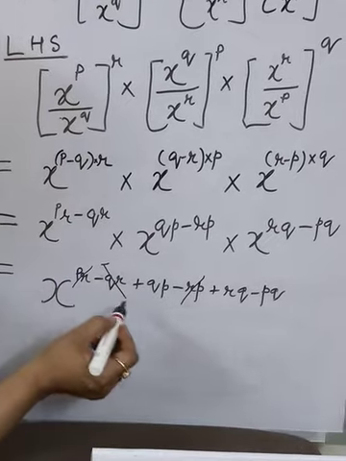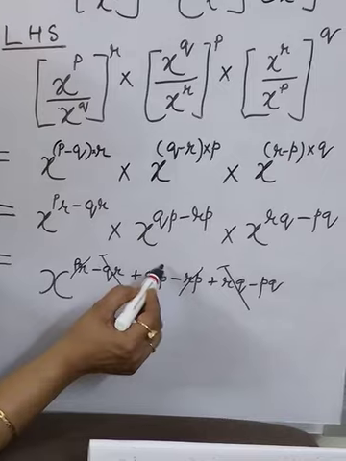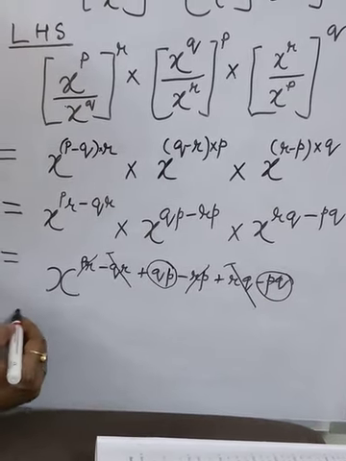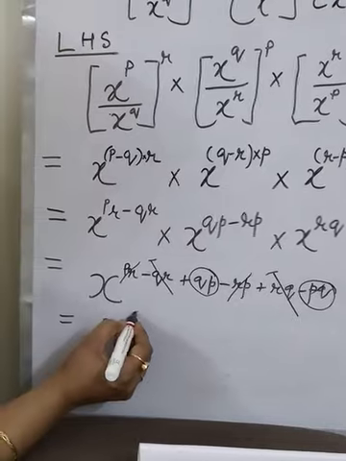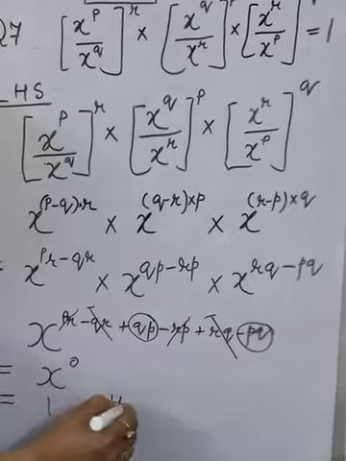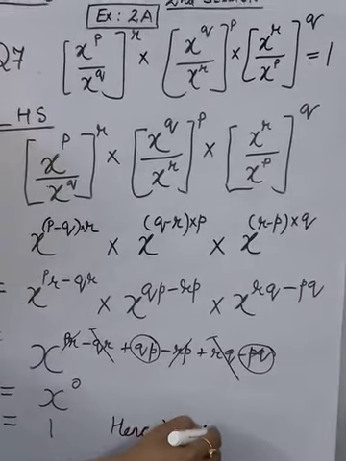Minus QR and plus QR gets cancelled. And this QP gets cancelled with minus QP. So what we are left with, x to the power 0, that is equal to 1. Hence verified. This was only asked in the RHS to prove.